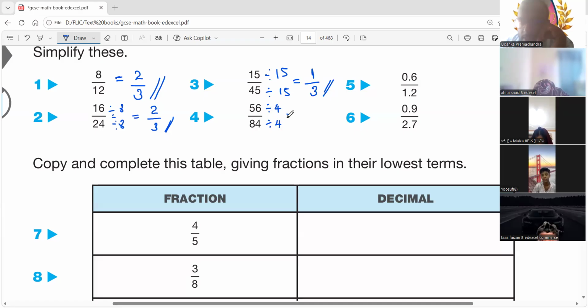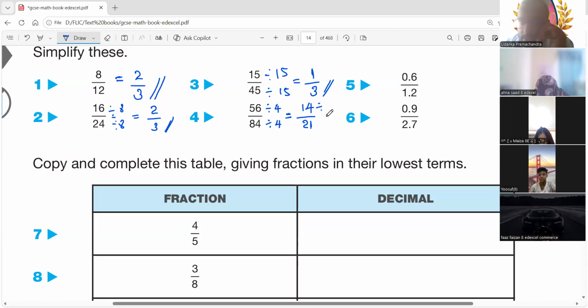If you divide by 4, let me know. It's 14 over 84, then 14 over 21.